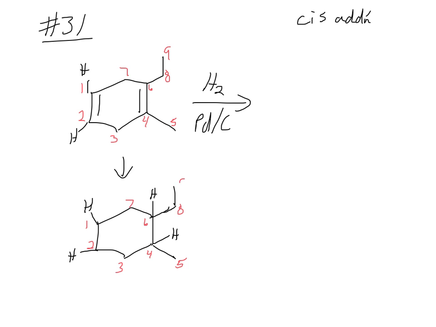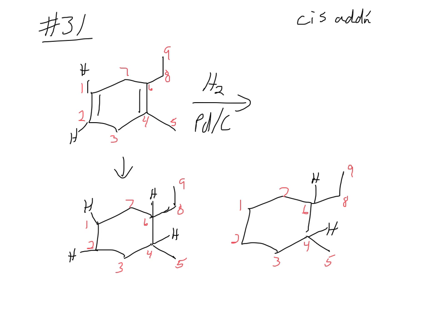First of all, I want you to draw the two possible products. So what are the two possible products? All right, let's just draw two of these out. So what do we have to make sure is the same? The H's have to be on the same side, always, because it's a cis addition.